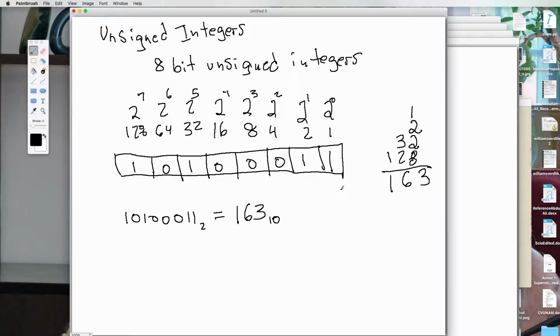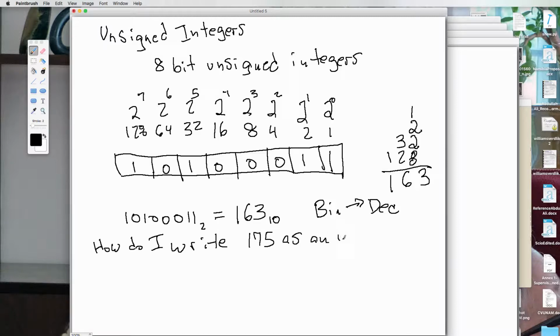Now if I want to go the other way, so that's going from binary to decimal. If I want to go the other way, how do I write, say, let's make up another number here, 175 as an unsigned 8-bit integer?